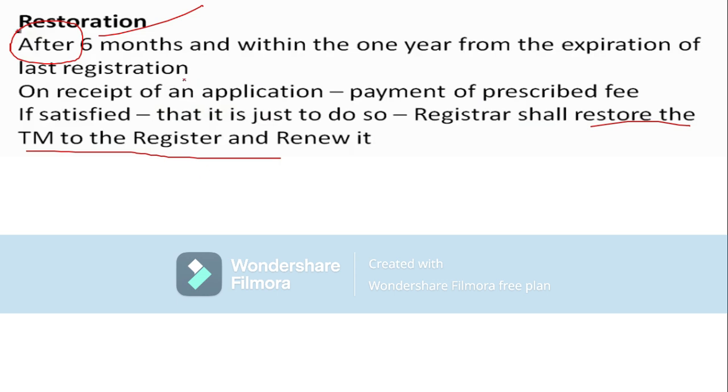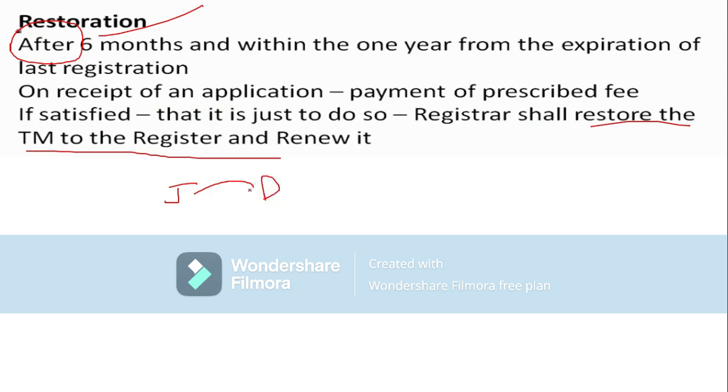So this is after the renewal period has already been completed. Say in the month of June the last registration's expiration date is completed; from June to December is 6 months.